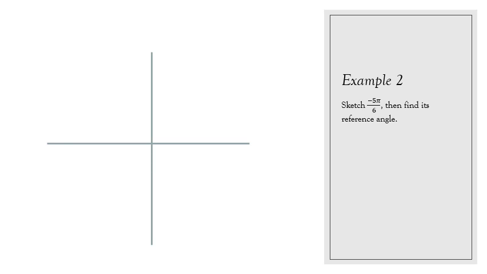I want to label my various axes with what they represent in radians. I'm going to do that a little bit differently than before because notice this is negative 5 pi over 6. So of course, if my terminal side is here, let's make that bigger, that would still be 0 radians, or I guess even negative 0 radians.